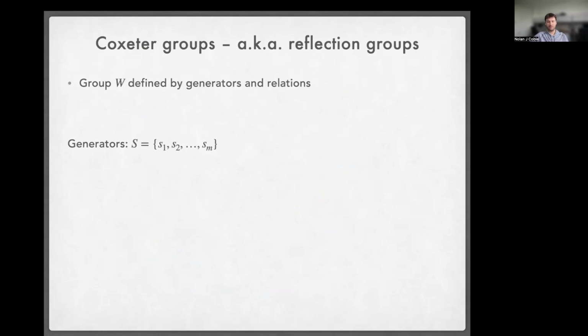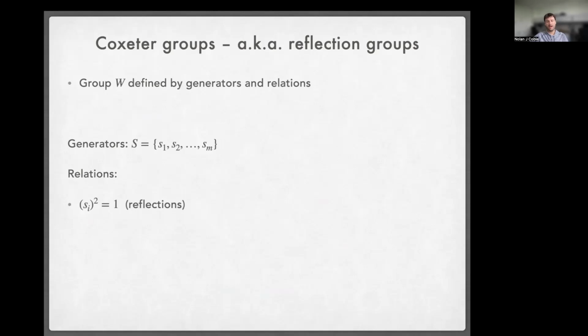This is where Coxeter groups come in. You don't need to know much about Coxeter groups, but I'll include the definition here just for completeness. A Coxeter group, which is also known as a reflection group, is given by m generators, S1 through Sm, and they satisfy some properties. One, I want every generator to square to identity. So this is what I sort of mean by a reflection group.